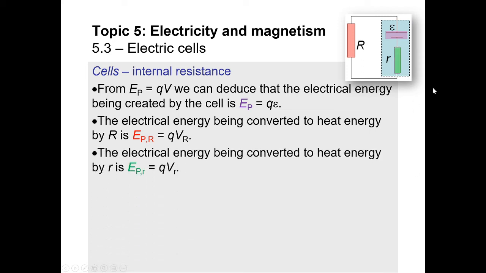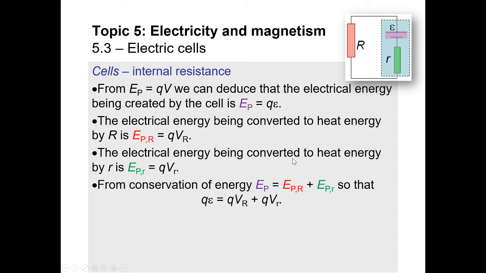And finally, we have a voltage drop. So again, electrical energy gets converted to heat energy at the tiny internal resistor. Imagine it's its own separate component. So we have that equal to Q times V sub little r. This is the voltage drop across the small internal resistor. Now from the conservation of energy, I have energy supplied by the epsilon, and I have energy dropped over, or energy converted to thermal, by the big resistor and the small resistor.